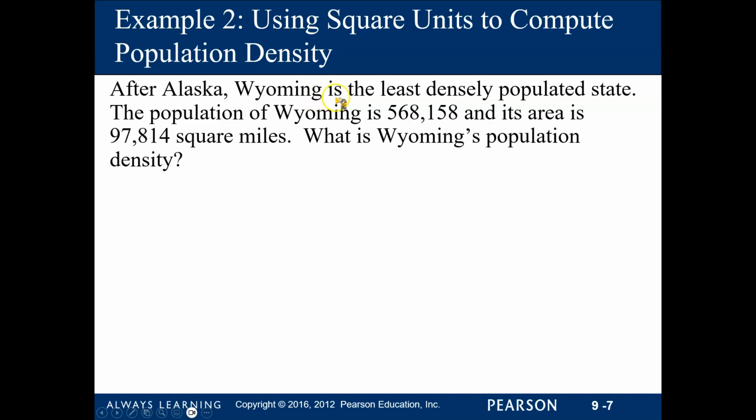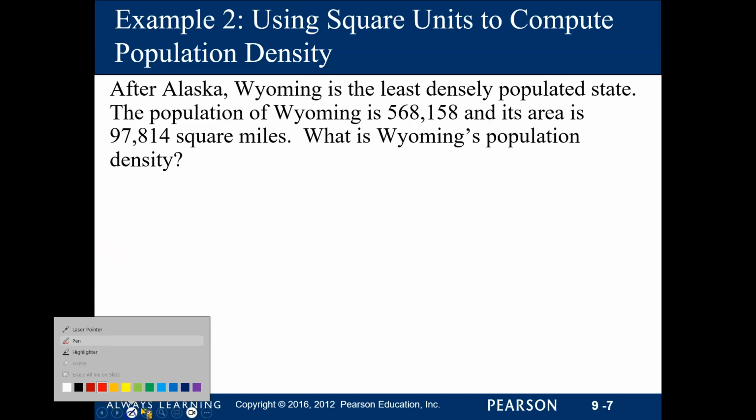After Alaska, Wyoming is the least densely populated state. The population of Wyoming is 568,158, and its area is 97,814 square miles. What is Wyoming's population density? So first things first, how do we find population density?